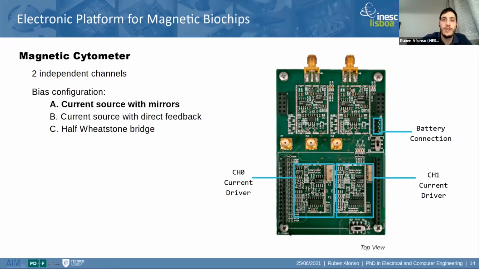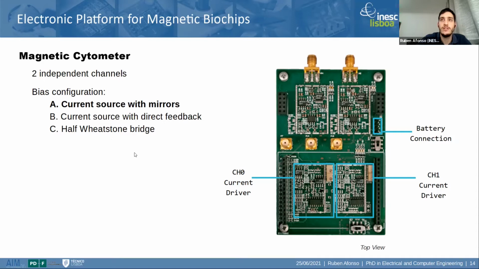At the bottom, we have the current drive circuitry, which allows us to select one of the possible 3 configurations: a current source with mirrors that I previously talked about, a current source with direct feedback, so the feedback is not on the first resistance, the sensor is the feedback, and also a half Wheatstone bridge.